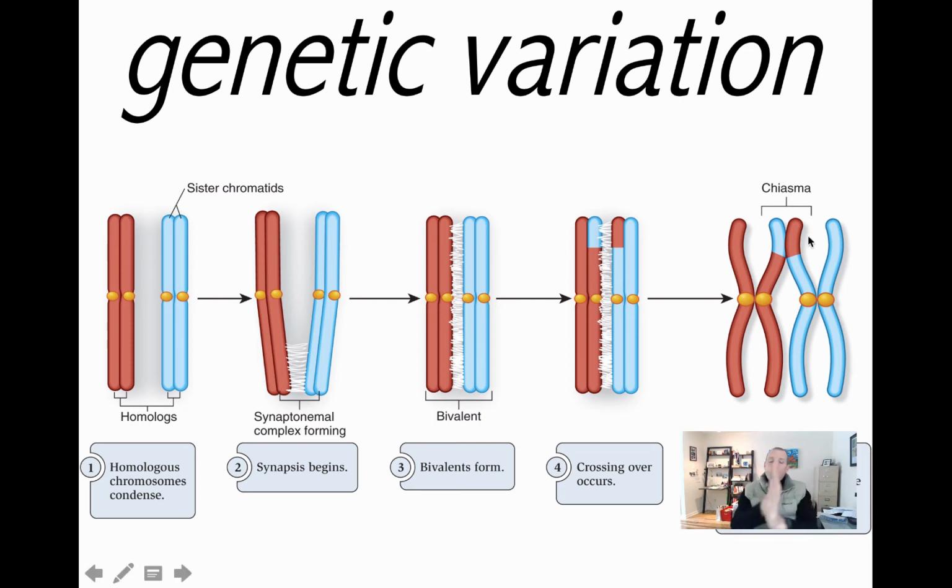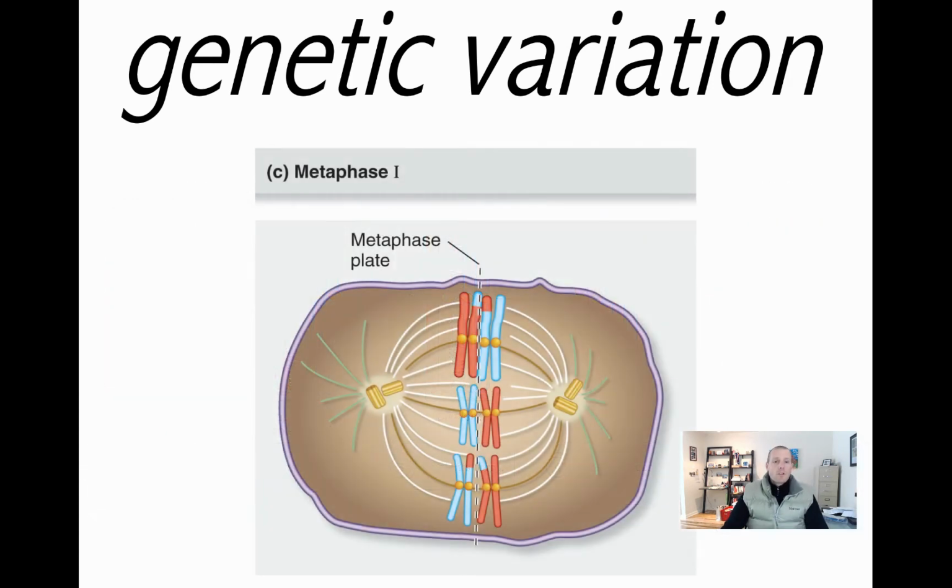It's a mutual exchange where information from the paternal or maternal chromosome is exchanged with the other chromosome in the homologous pair. This is like shuffling a deck of cards, basically. It mixes up and sorts the genes that would be on the pieces of DNA that are getting exchanged. So that's the first place we saw genetic variation.